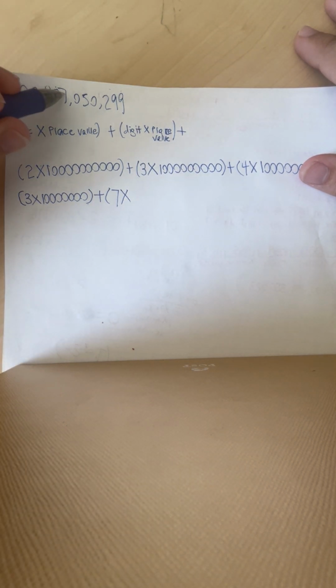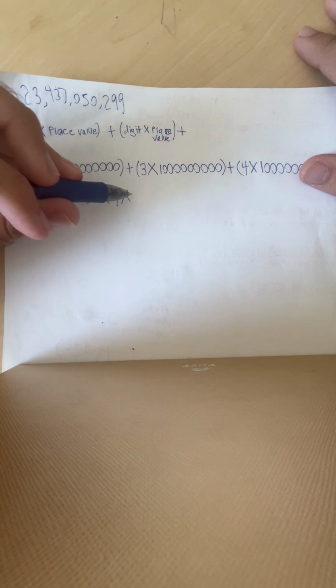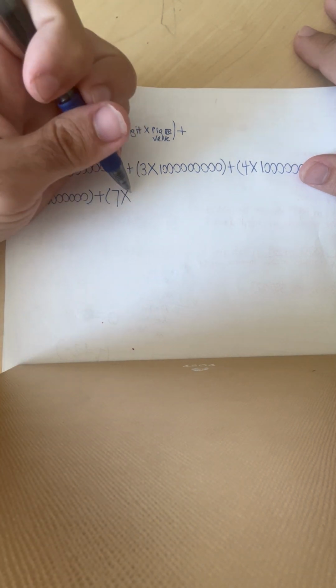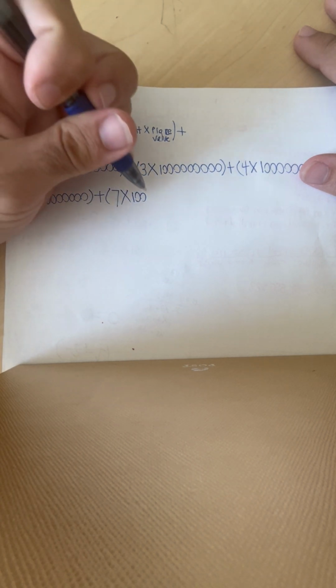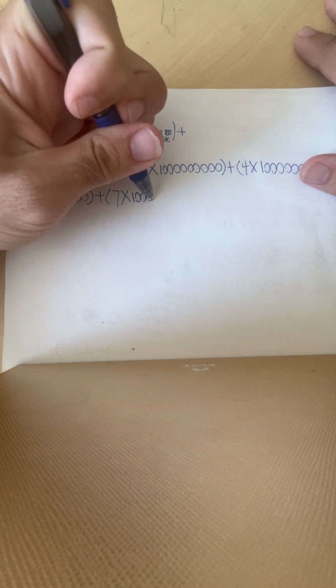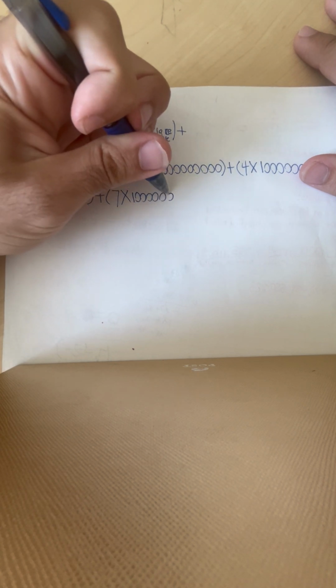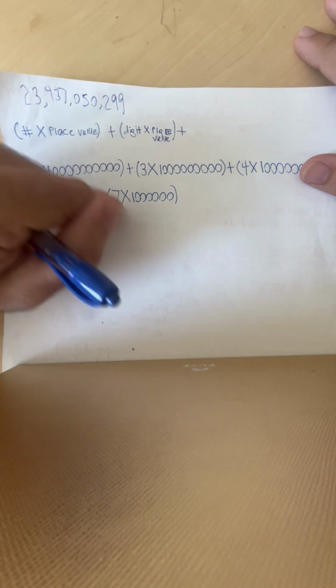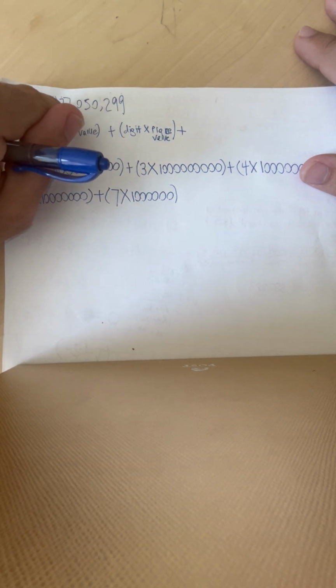The place value of the 7 is in the millions place. So I'm going to write 1 million right here. How would we write 1 million? 10, 100, 1,000, 10,000, 100,000, 1 million. Number 7, place value of that 7, 1 million.